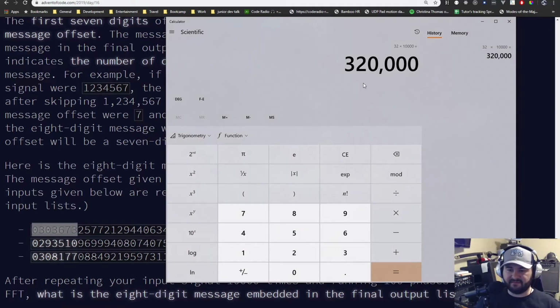As far as how many numbers that gives you, you're going to go from a number that is 320,000 long to a number that is minus 303,673 long. So you're going to go from 320,000 digits to 16,000 digits.